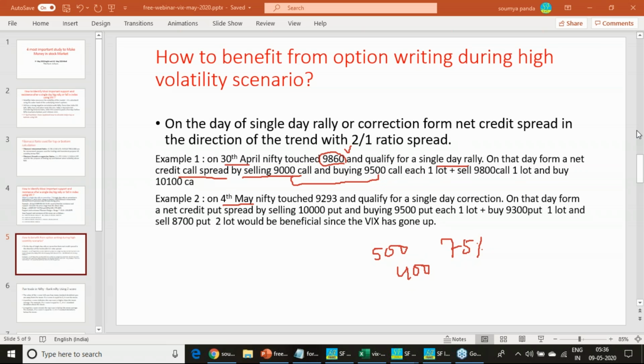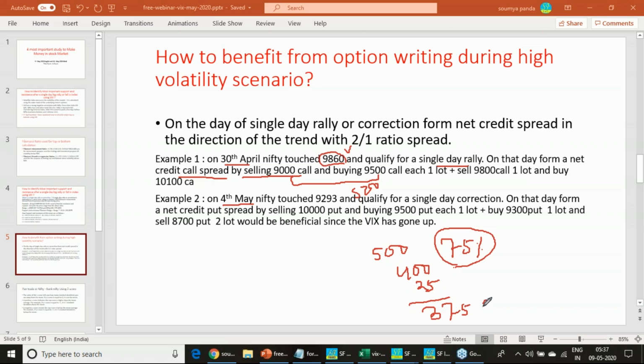If you want different strikes, you can take strikes with a 200 points difference, but the qualifying criterion is that 75% of the money should come to you in the form of credit. There is a 500 points gap between 9,000 and 9,500, so roughly 80% of that comes to 400, 5% less from this is 425, and a minimum of 375 rupees if you are getting a credit, you should take it.